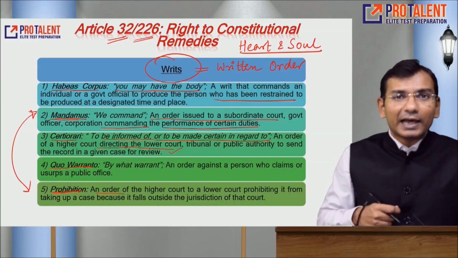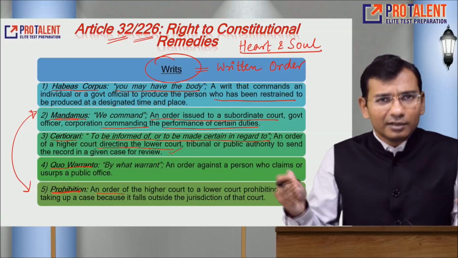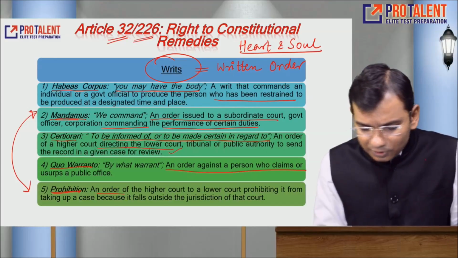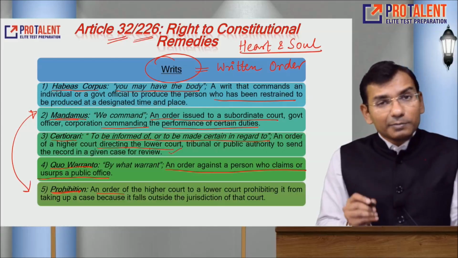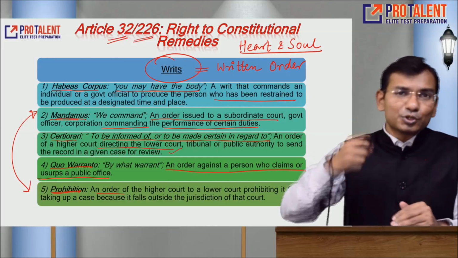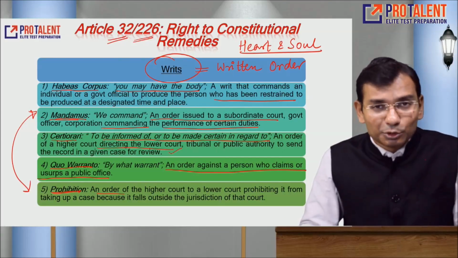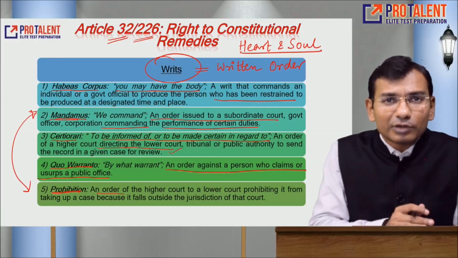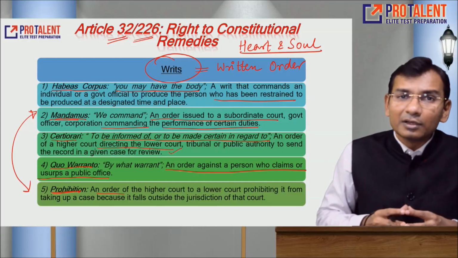Okay, so if I am holding a position without a particular warrant, I am denied holding that position, an order against a person who claims or asserts a public office. So भारत में कभी भी कोई पब्लिक ऑफिस के ऊपर असल में इलीगली उस पोजीशन को अपने हाथ में नहीं ले सकता है. So that is what article number 32 protects, that gives us remedy. गलती होने के बाद उसके सामने क्या रेमेडी अवेलेबल है, that is what is being discussed in article number 32.